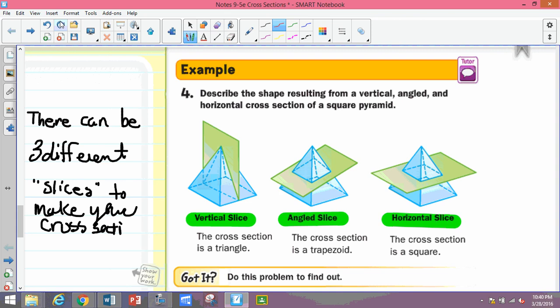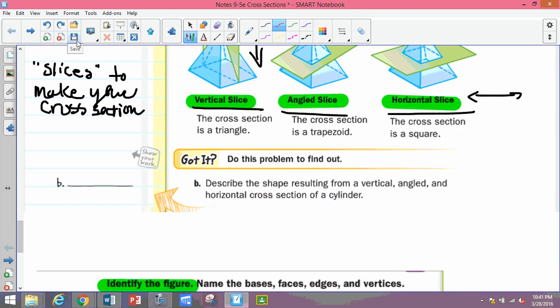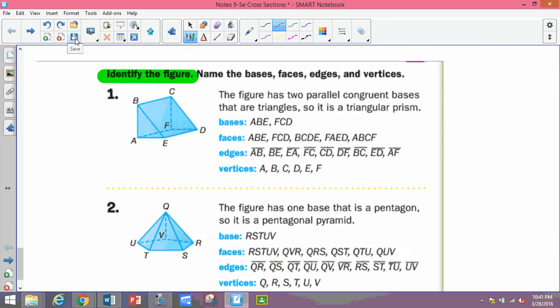A slice meaning you're either cutting that three-dimensional shape vertically from top to bottom, or angled, which is kind of diagonally, and then horizontally. So vertical is up and down, horizontal is left and right, and angled would be diagonal.